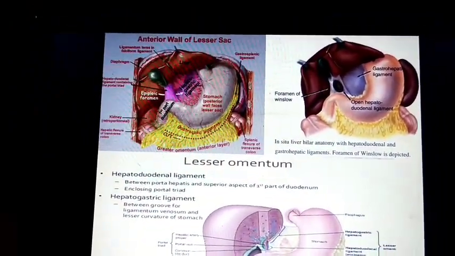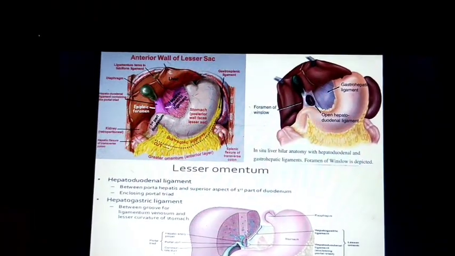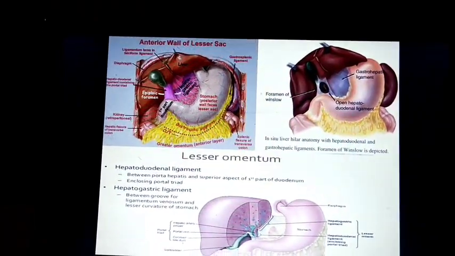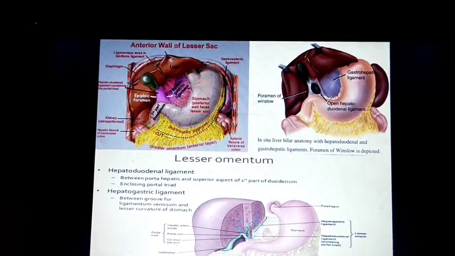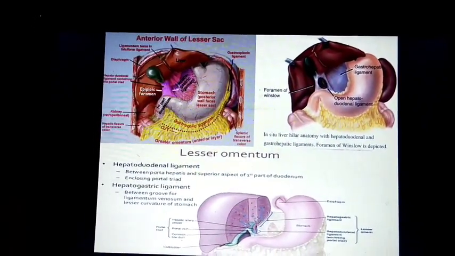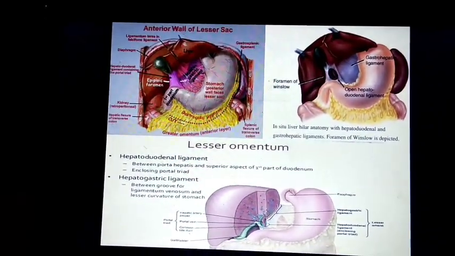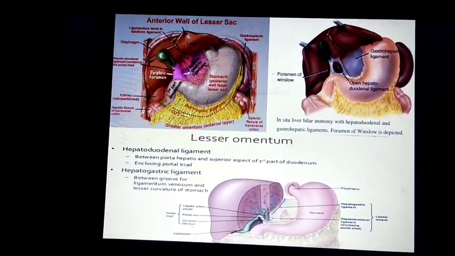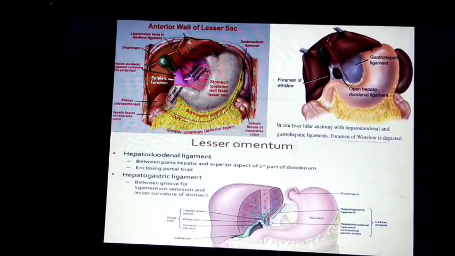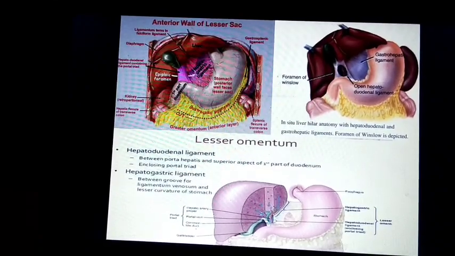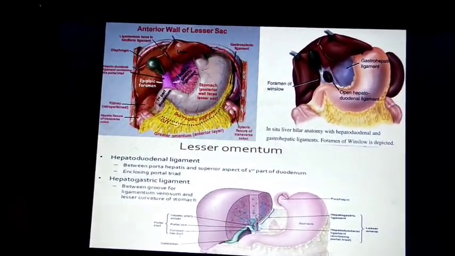The hepatoduodenal ligament lies between the porta hepatis and the superior aspect of the first part of the duodenum, enclosing the portal triad, which contains the portal vein, the hepatic artery and bile duct. The lesser omentum is formed by the hepatoduodenal ligament and hepatogastric ligament, which lies between the groove for ligamentum venosum and the lesser curvature of the stomach.